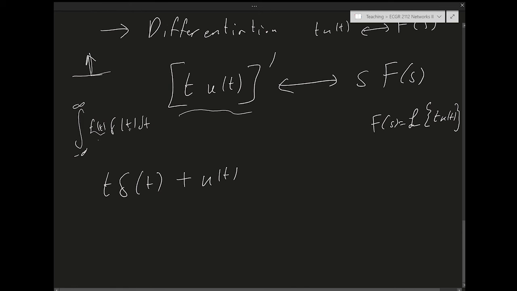The value of the function doesn't matter anywhere else. So this is equal to f of 0, because delta is 0 everywhere except at a single point where it's infinite. It only matters at t equals 0, and at t equals 0 this goes to 0 anyway. So this whole thing is 0.